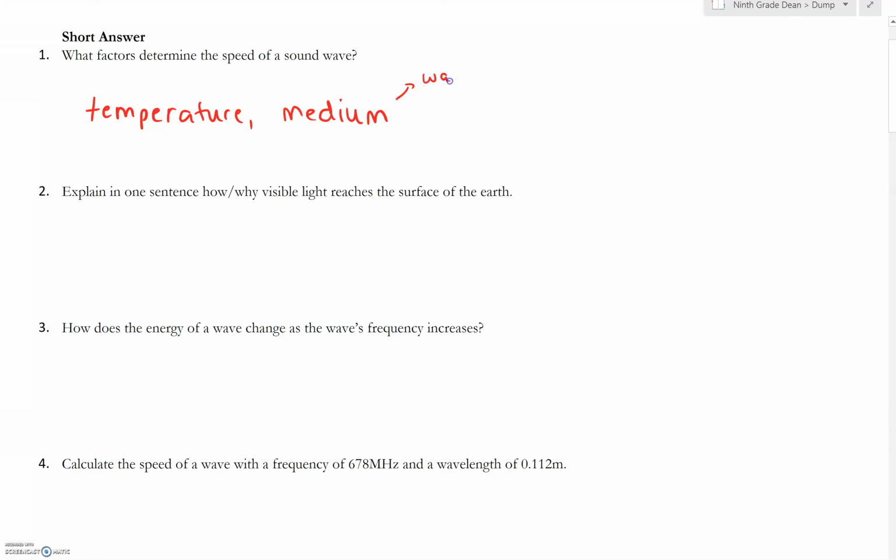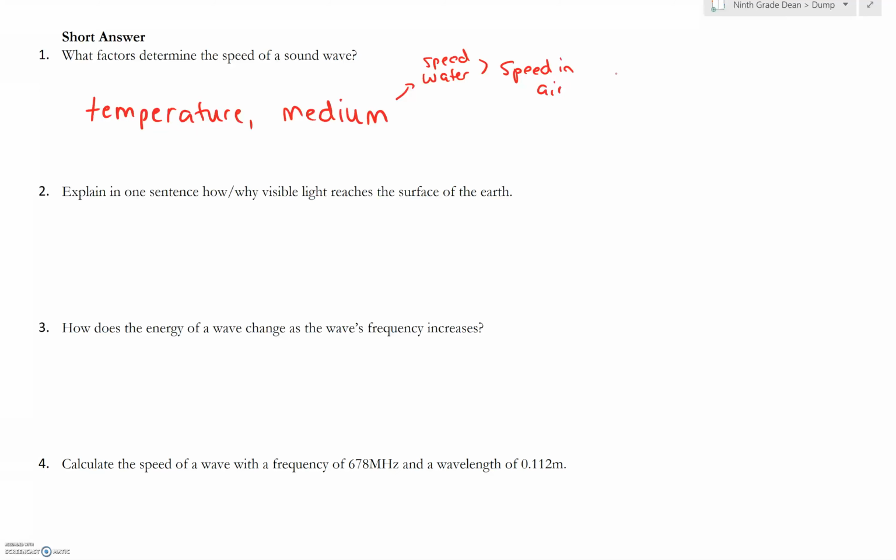So, for instance, the speed of sound in water is greater than the speed of sound in air because the water molecules are closer together, so it takes them a little less time to travel to the next molecule to hit them, okay? So the two things we were looking for were temperature and medium.